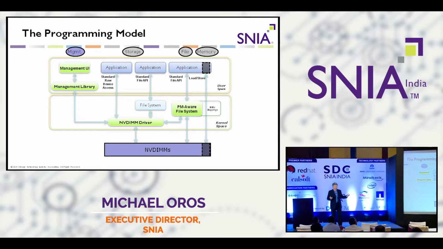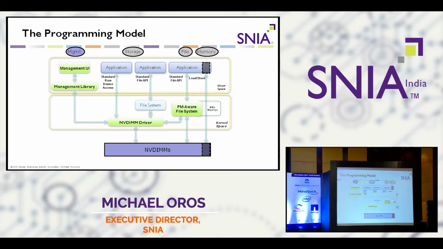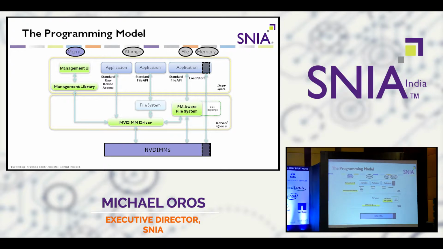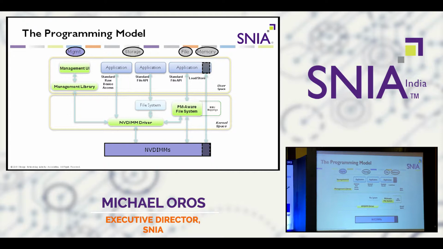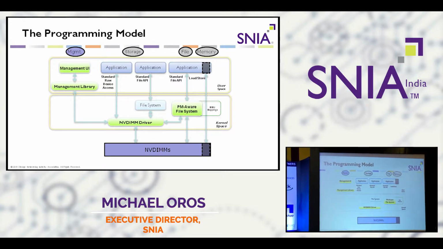But what is the persistent memory NVM programming model? This is fundamentally the picture that shows you. It's broken into a few different things that I want to make sure everyone in this room understands. First, you see here there's an NVM DIMM.